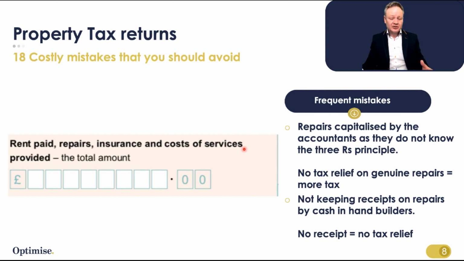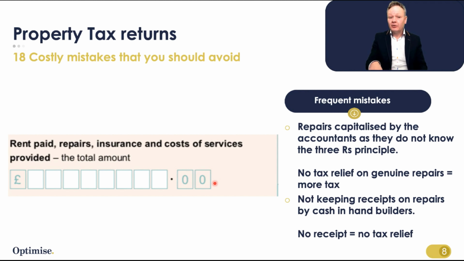But some accountants don't do that. They just look at the BIM rather than the PIM. BIM, PIM. What's the difference? Well, that's just the HMRC legislation. Okay, so go ahead and read that. But ultimately, if you are not claiming for legitimate items, then again, you will be paying more tax.